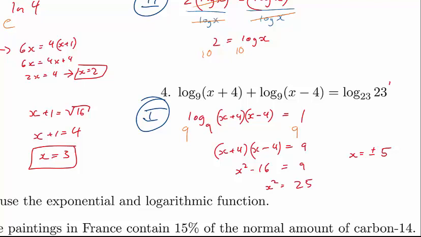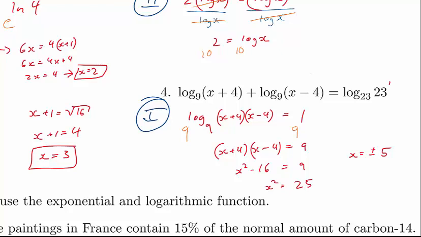Now, question. We have two numbers, positive 5 and negative 5. Are both solutions valid? They could be, but maybe they're not. So if we plug in positive 5, this would be log 9 and log 1, right? Those are perfectly acceptable numbers to work with. I can take logs of positive numbers all day long. Now what about negative 5?